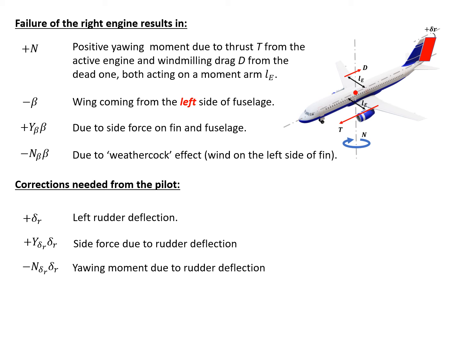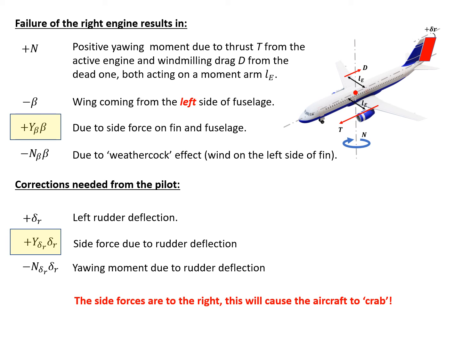So it will counteract the positive yawing moment due to the T and the D. Okay, so if we pay attention to the side force now, both side forces are positive, and so far there is no negative side force produced.